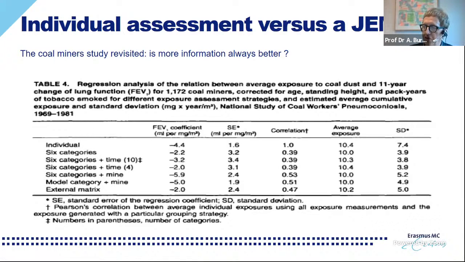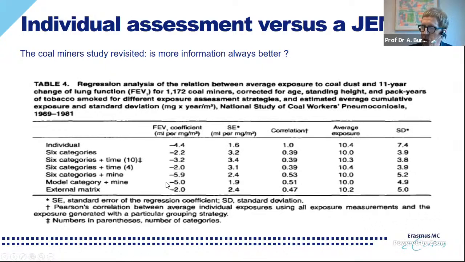So we have a JEM with 6 job titles, and we add the mine. And suddenly you have an FEV1 effect that is larger than the individual based estimate. So here, apparently, if you know the job title and you know the mine, that was very predictive of the exposure response association. Although you see the standard error is higher than the standard error at individual measurements.